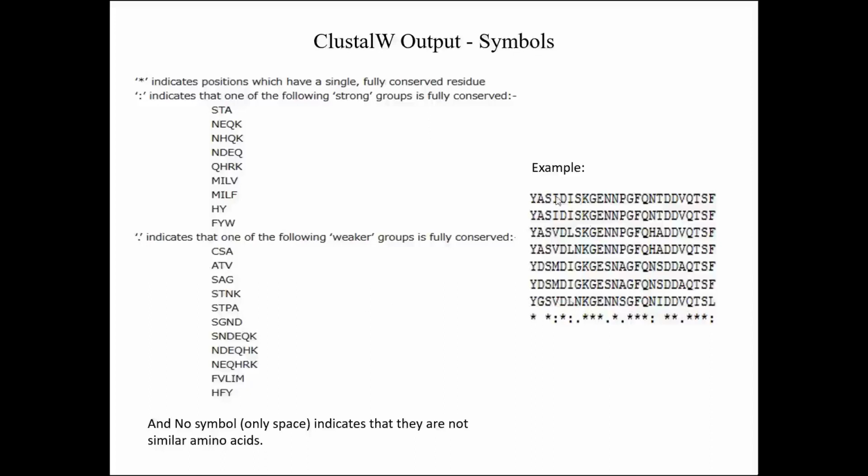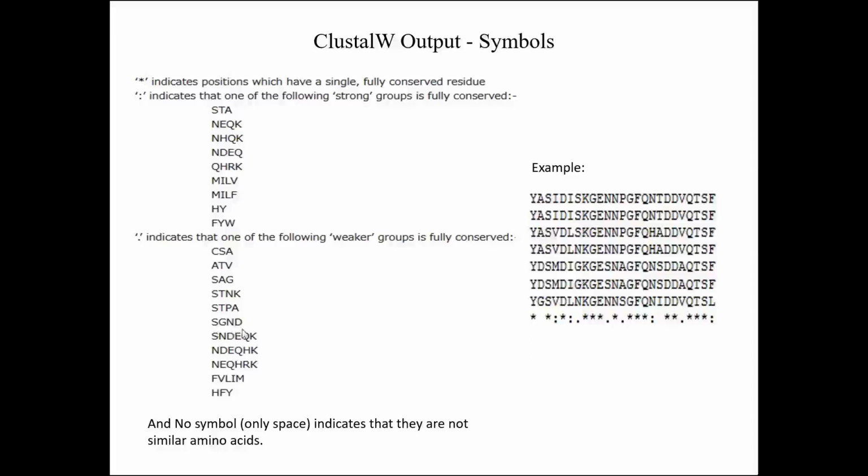Let's see for example now, in this column we see I, V and M. So here this I, V and M they are seen here. So they are indicated as a double dot. Highly similar amino acids. Next thing is, in this column where it is marked by a single dot, there are G, N and S. You can see it over here.